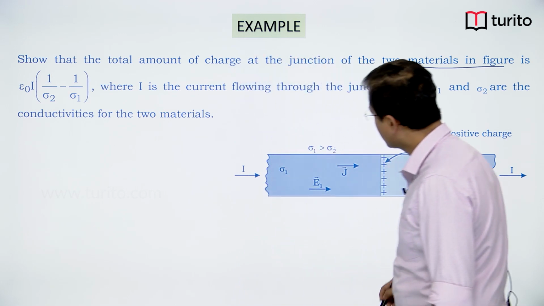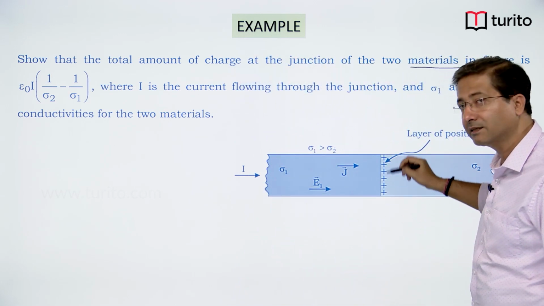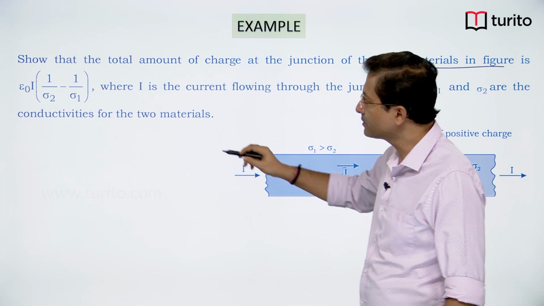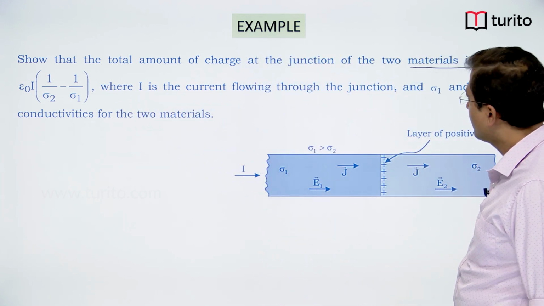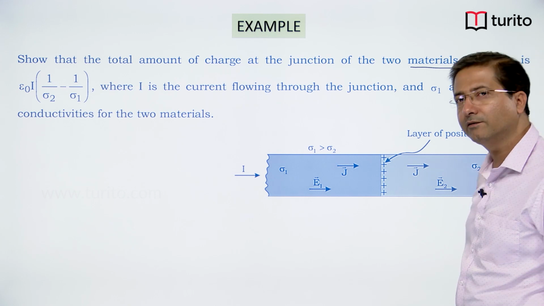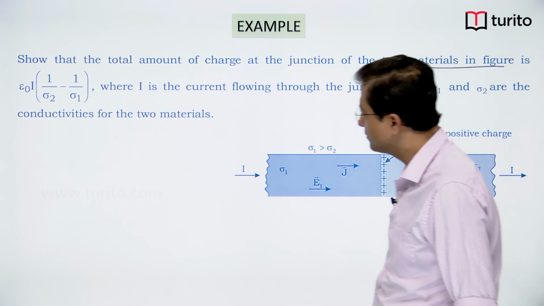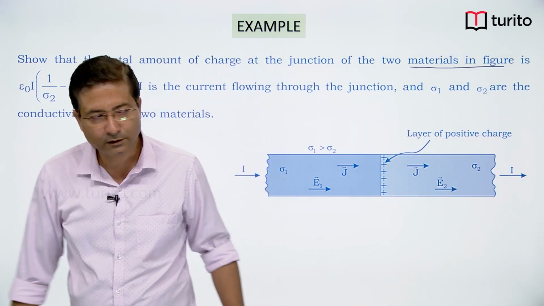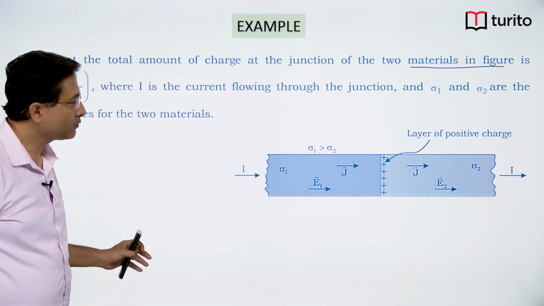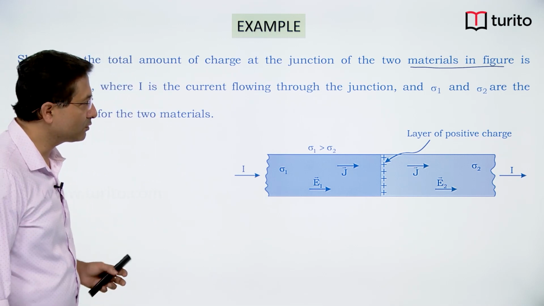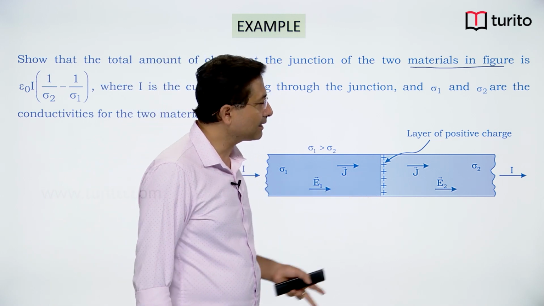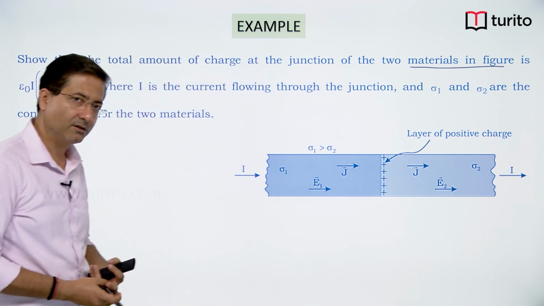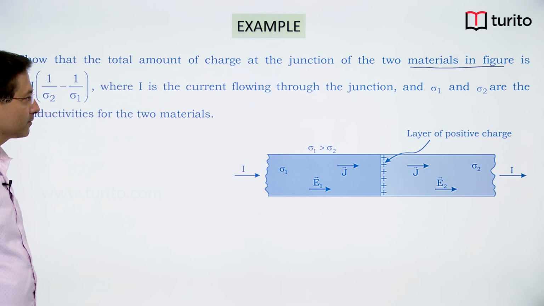So the charge accumulated at the junction is given by this expression, where I is the current flowing through the junction and sigma 1, sigma 2 are the conductivities of the two materials. We want to know, when two different materials are joined, how much charge gets accumulated at the junction.